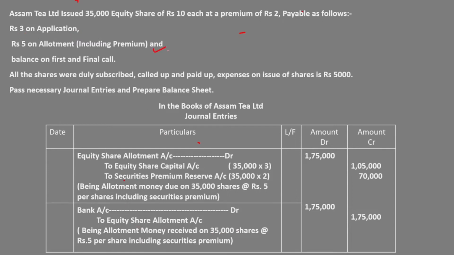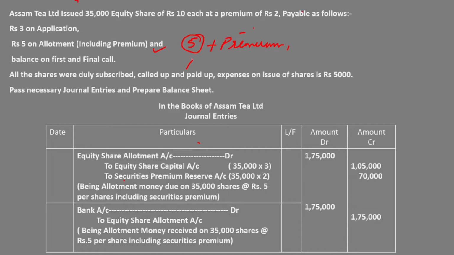Allotment. In allotment the value is 5, and in this 5 rupees the premium is also included. Then what is the cost of allotment and what is the cost of premium? We have to separate it.